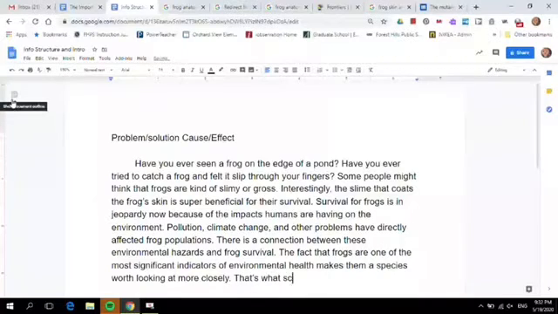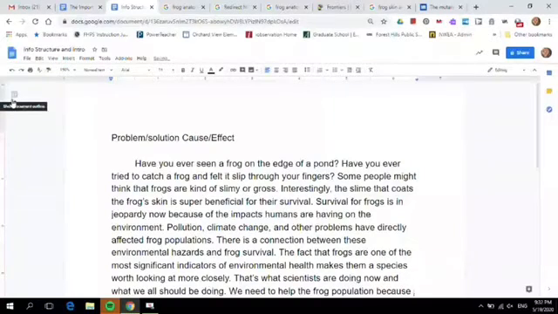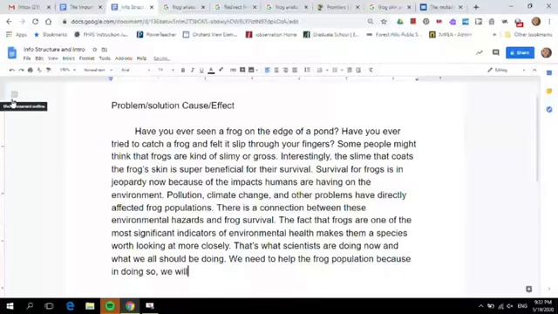That's what scientists are doing now, and what we all should be doing. We need to help the frog population because in doing so, we will be helping the environment and our own health.